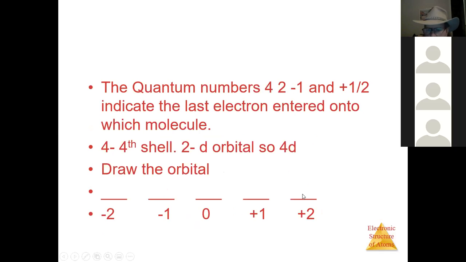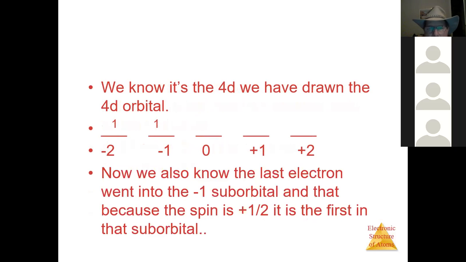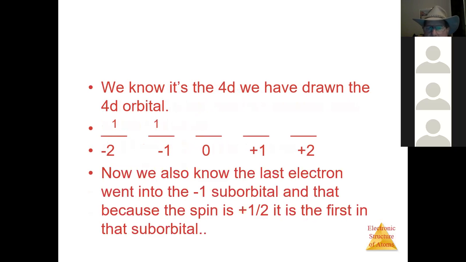Next thing I'm going to do is realize that the spin was a plus 1/2, so I know it's the first in the suborbitals. I know that the last one in is a -1. So starting from the left, one goes here, one goes there. That means I only have 2 electrons in the 4d level. That tells me that I have zirconium.